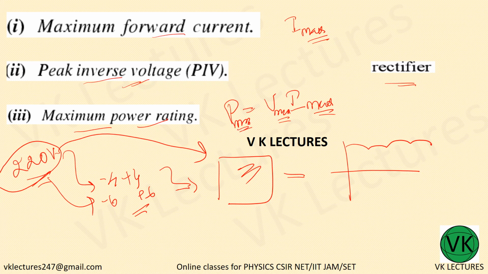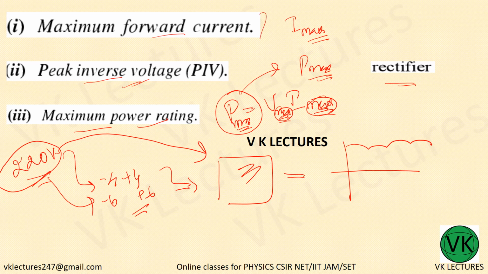It is the maximum power that a diode can withstand. It need not always be maximum and maximum. If one is maximum, the other has to be minimum. Even then, that P maximum will also be used in the case of a Zener diode. That is maximum power rating.